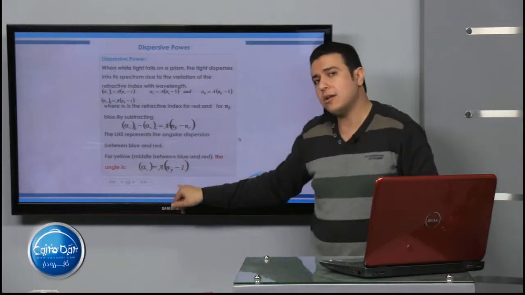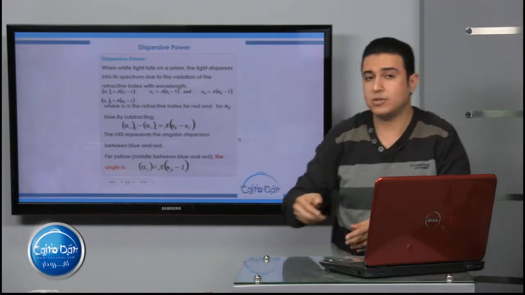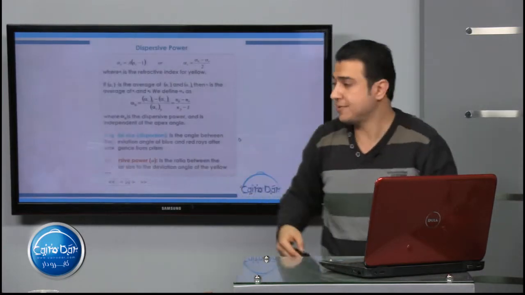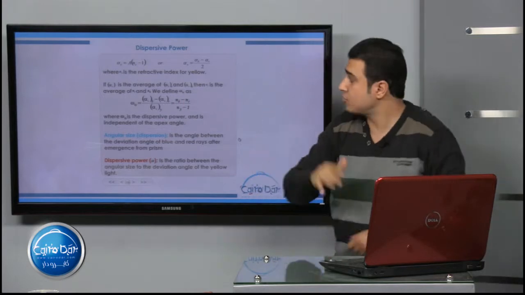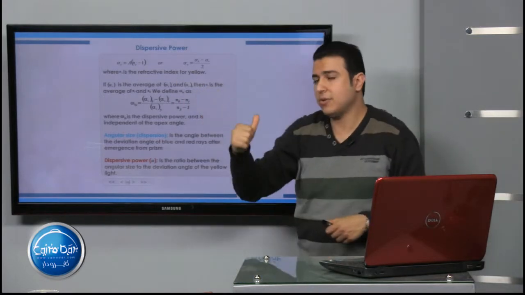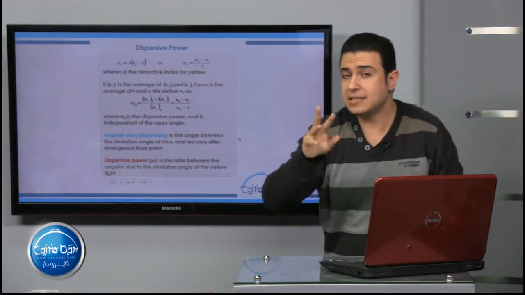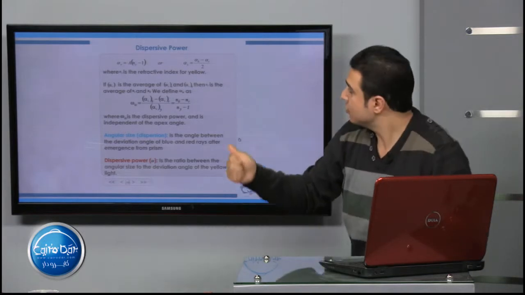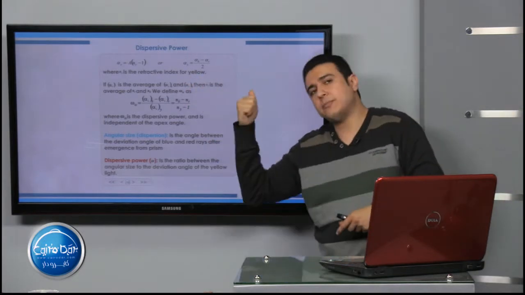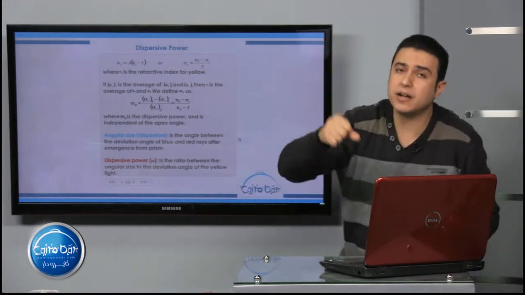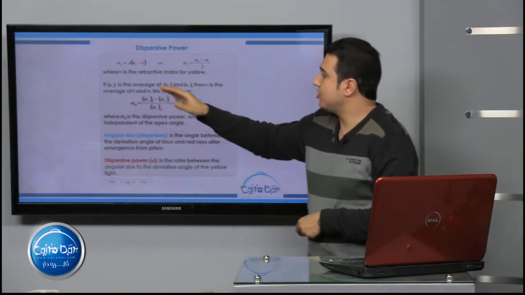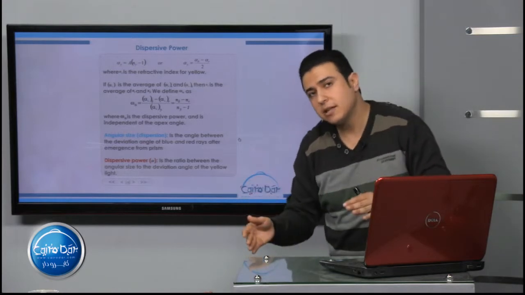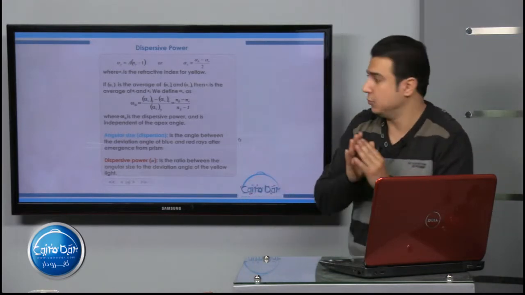As it is the middle between red and blue, alpha yellow equals alpha blue plus alpha red divided by 2. So alpha naught for yellow is the average of alpha naught red and alpha naught blue.